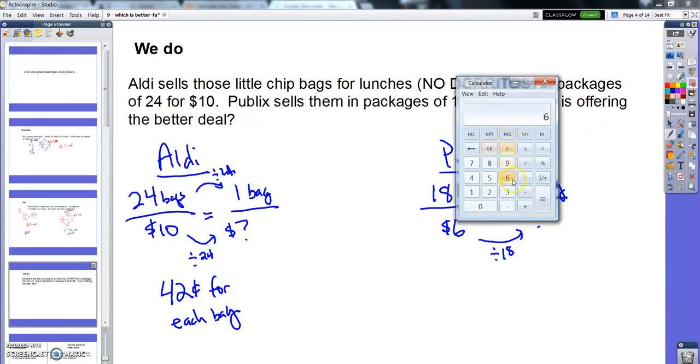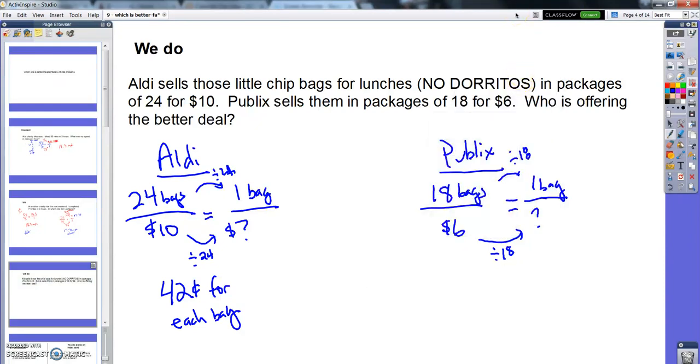And 6 divided by 18 is more than 33 cents a bag, less than 34 cents a bag. So I'll round it down since it was closer to 33. So they're offering it for only 33 cents for each bag, and so I'm getting a better deal here. Each individual bag is cheaper at Publix, even though they're selling me fewer. That's how better, faster, cheaper kind of problems work.